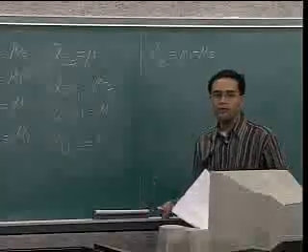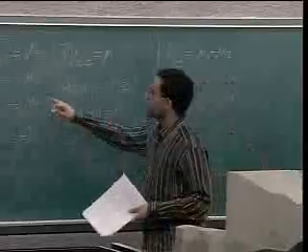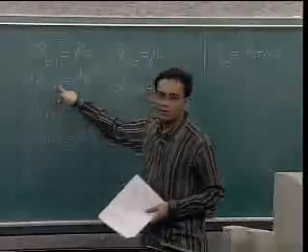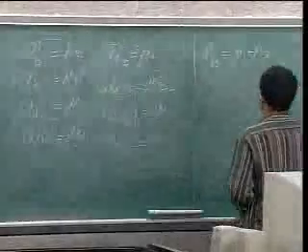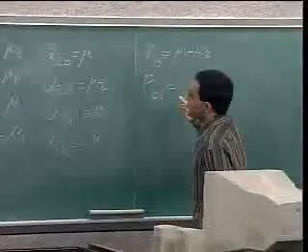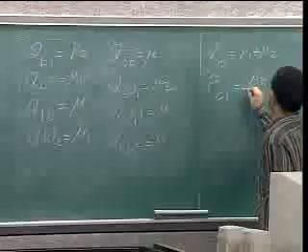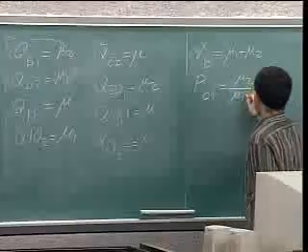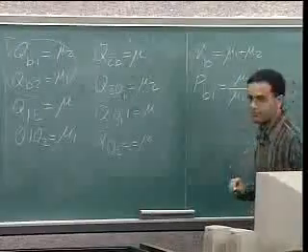And then you also have to give the probability that you go from state B to 1 or you go from state B to 2, which would be, for example, the probability of going from B to 1 is the rate that you go from B to 1 divided by the total rate that you escape.